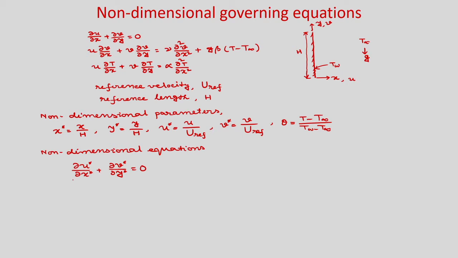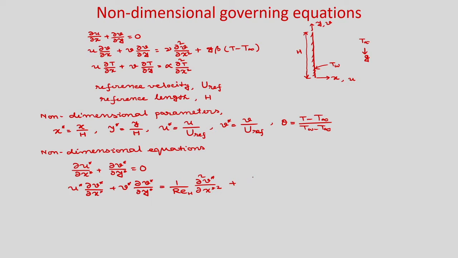Then we have u star del v star by del x star plus v star del v star by del y star is equal to 1 by Reynolds number, based on h or any reference length h, into del 2 v star by del x star square, plus the boundary term.